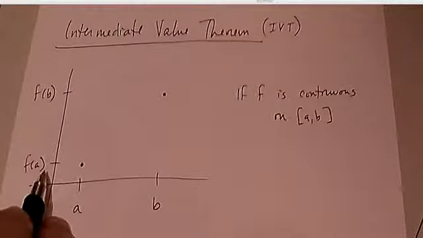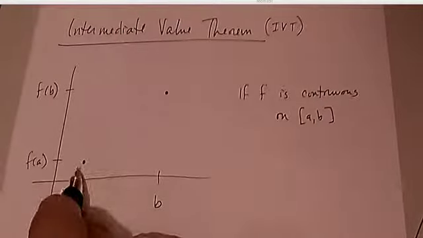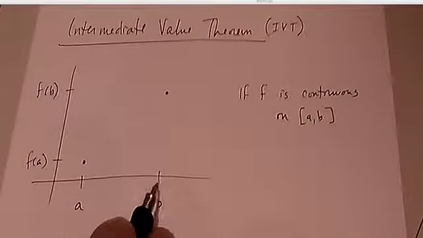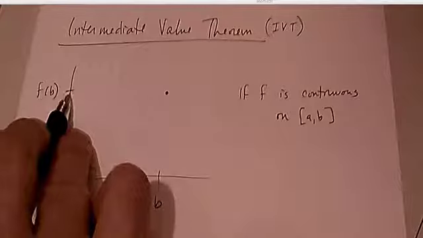So basically that's a nice way of saying to go from here to there, if it's continuous, I have to pass through every single value here, and I have to pass through every single value here.